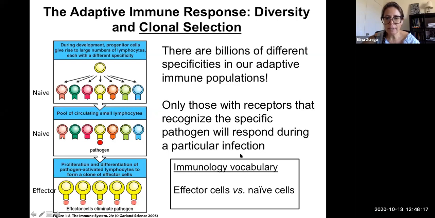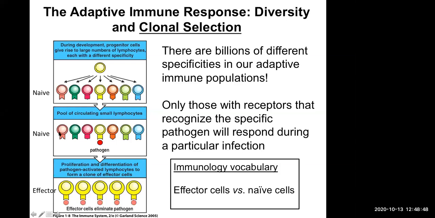So here I want to bring up also some vocabulary, so we are on the same page. These lymphocytes that we have, before they encounter a pathogen substance for which they are specific, are called naive, or resting. They've never seen the ligand of their receptors.